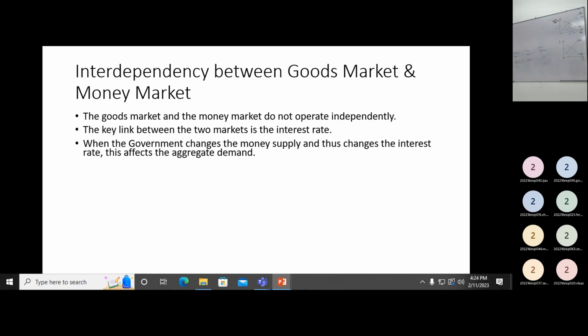Here, the term aggregate demand. We are looking at aggregate demand. When the government changes money supply, how does it affect aggregate demand?